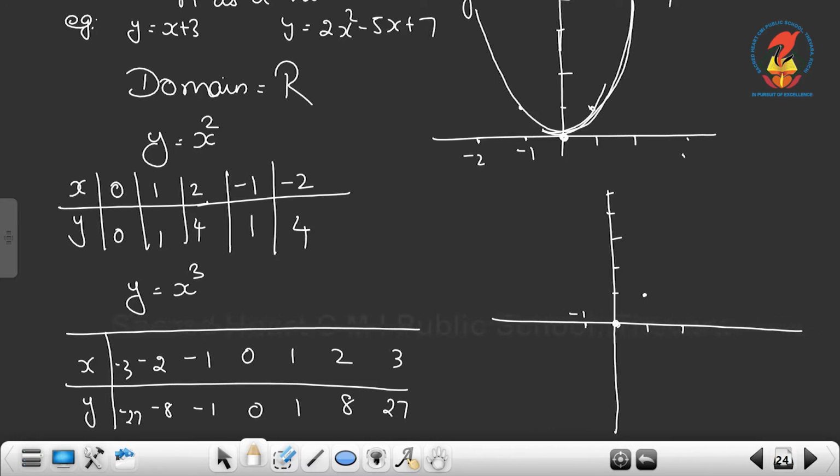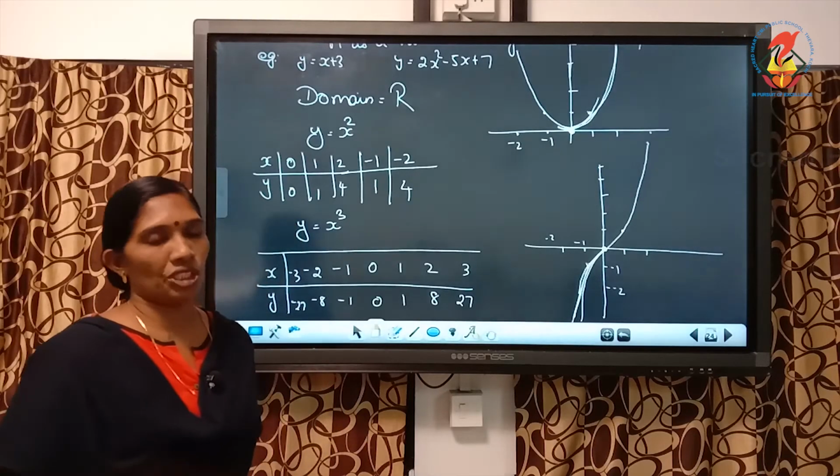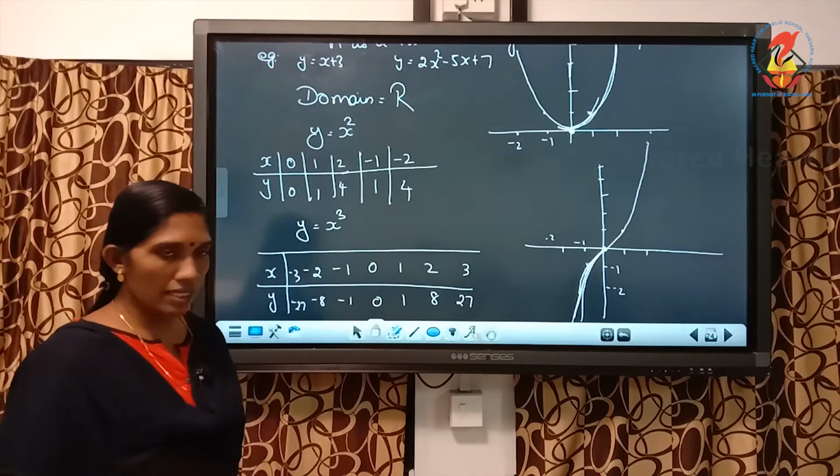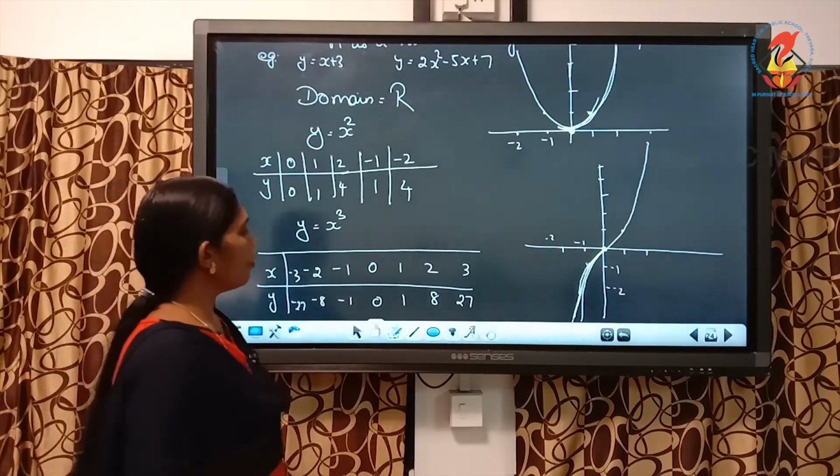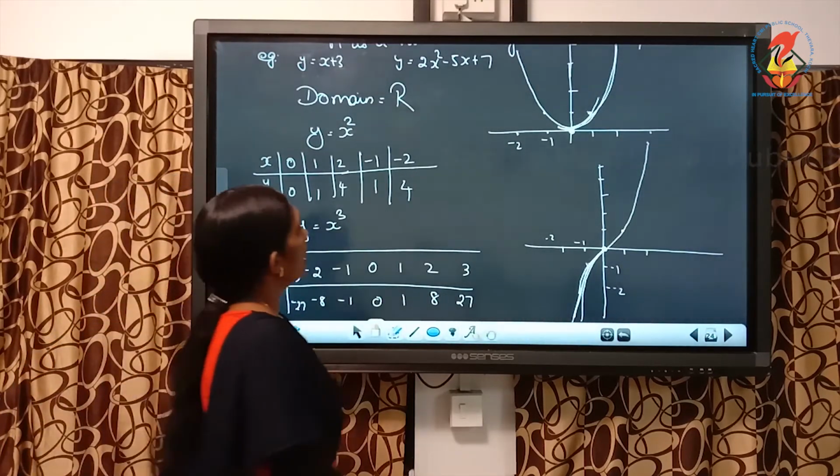Then minus 1, minus 1. Then minus 2, minus 8 means here somewhere. So it is just like this. Like this, a curve shape you will get. Not a straight line, it's a curve shape. That is the graph of y equal to x cube.